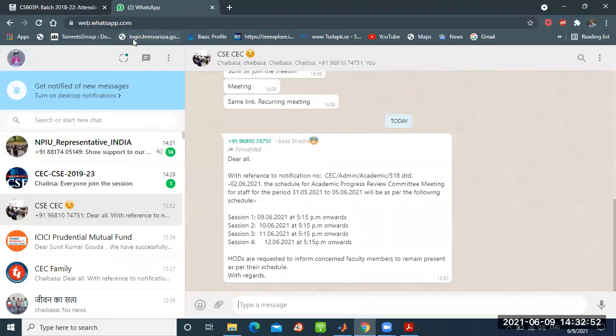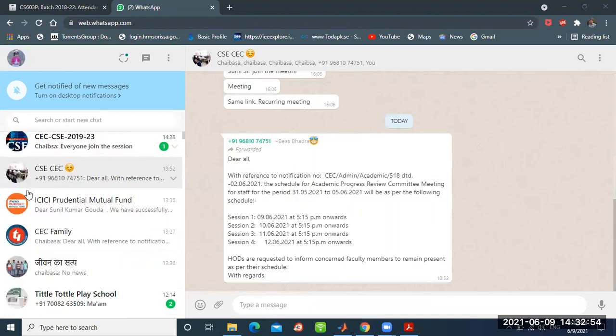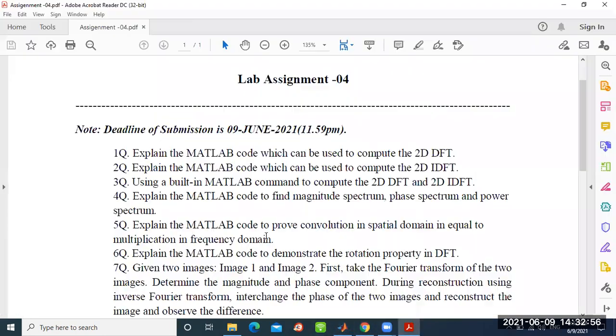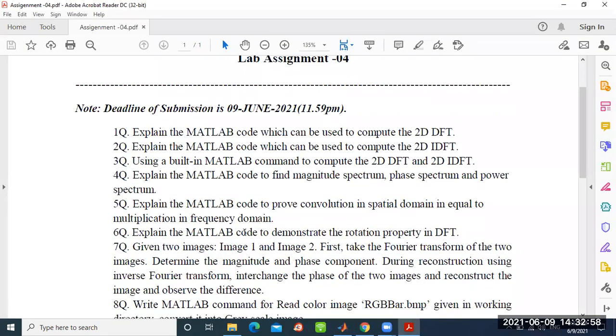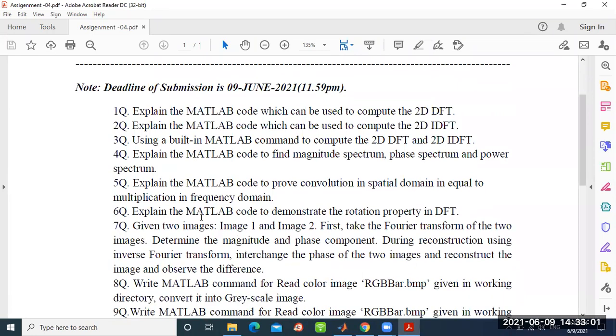So wait for a minute for others to join. You can see the list of the programs that we are going to implement today. Just go through these programs that we have to implement today.